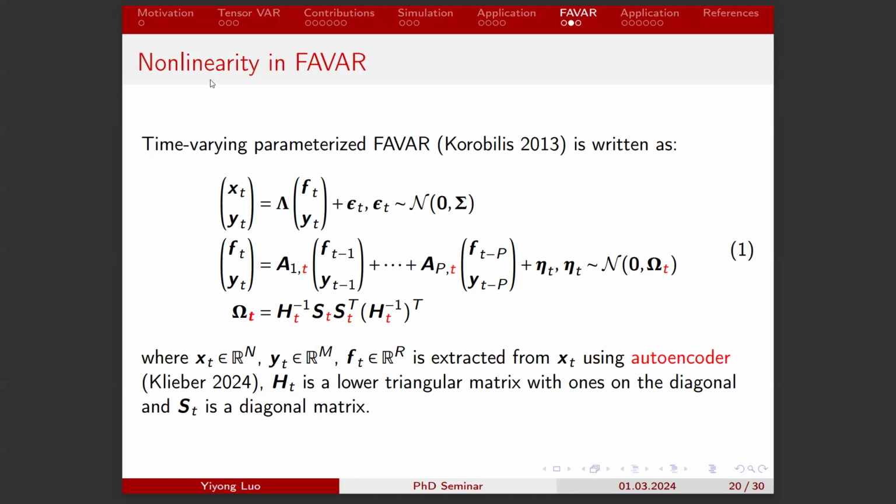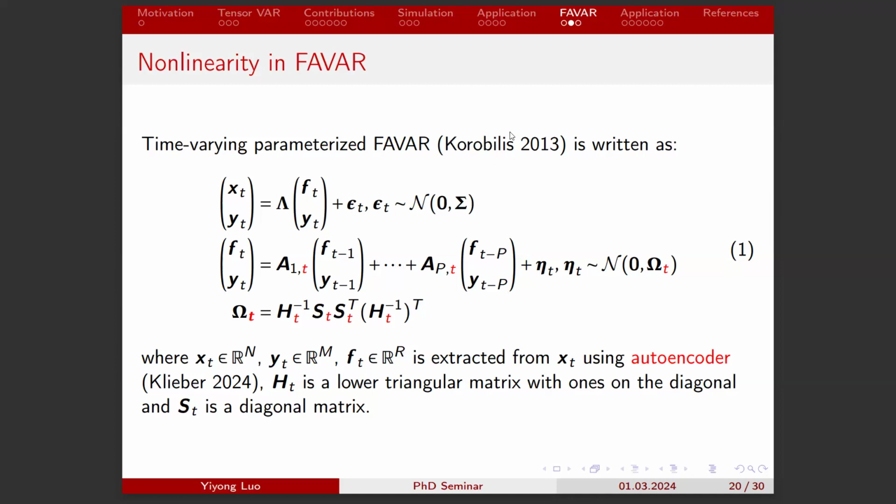So we consider two types of non-linearities. The first one is time-varying parameterization, meaning that we set some parameters to be time-varying. This model was proposed by Primiceri 2005 and Koop 2013. We only set the parameters in the VAR as time-varying, because if we set the loadings to be time-varying, then we have some identifiability issues as well as overfitting issues.